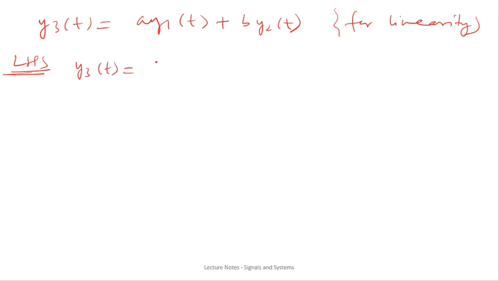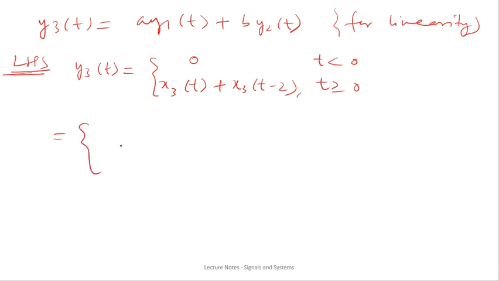Now you consider the left hand side of this equation. y3t equals 0 for t less than 0, and x3t plus x3t minus 2 for t greater than or equal to 0. So 0 for t less than 0 will remain same, and in place of x3 you can put a x1t plus b x2t.